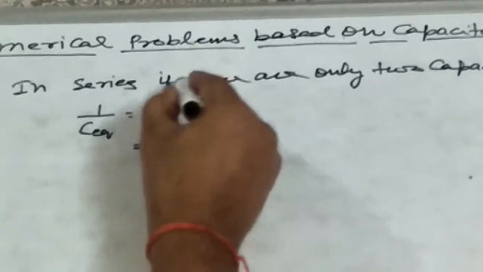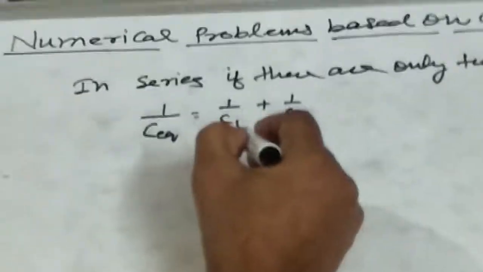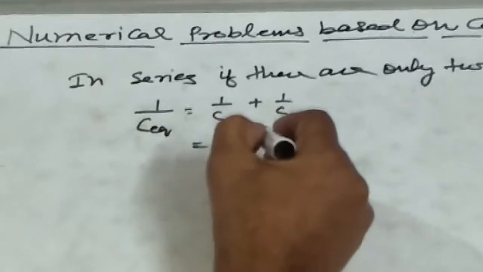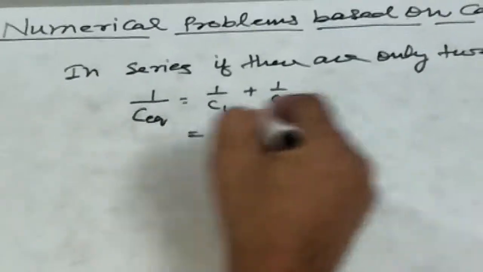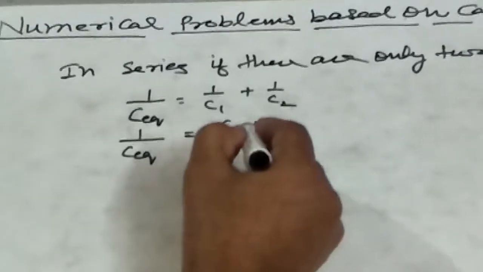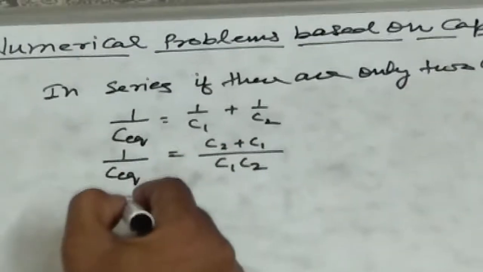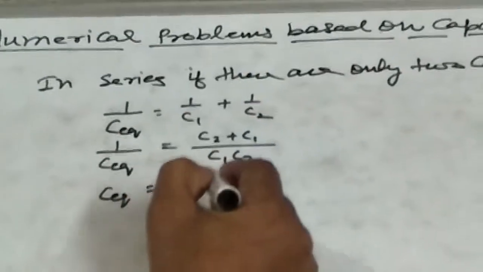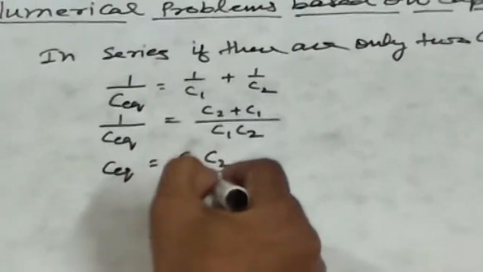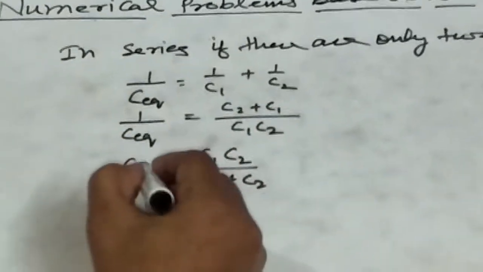But here I am telling for two only. This one is C1, C2, and this one you can write C2 plus C1, or simply you can say 1 upon C equivalent is equal to C2 plus C1, or C1 plus C2 upon C1 C2. So C equivalent is equal to C1 C2 upon C1 plus C2. I would like to tell you only this one.